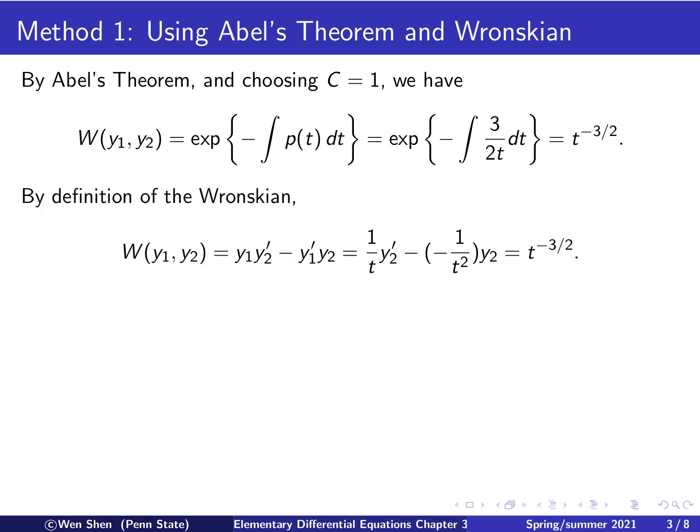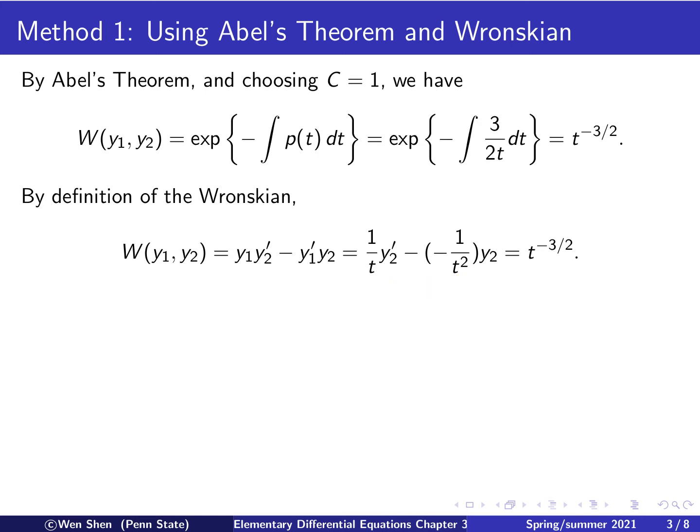Now let's use the definition of the Wronskian. The definition says the Wronskian is y1 y2 prime minus y1 prime y2. Now y1 is already given, it's 1 over t, we put it in. And then y1 prime can be computed, negative 1 over t squared, and we put that in.